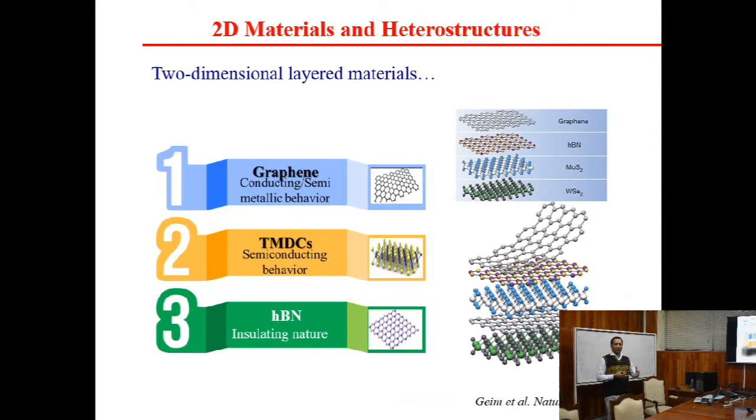I am talking about 2D materials, which is one of the famous fields. In 2D materials, the Nobel Prize was given to two scientists in Manchester in 2010.